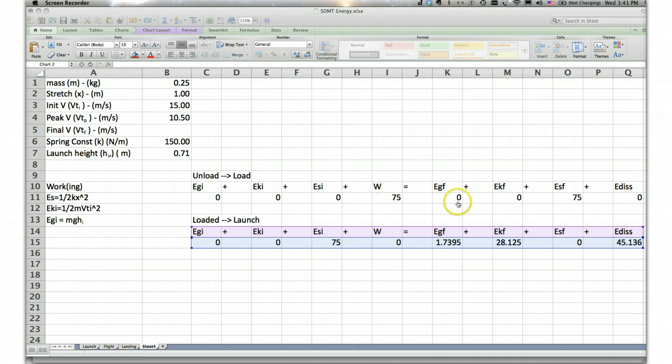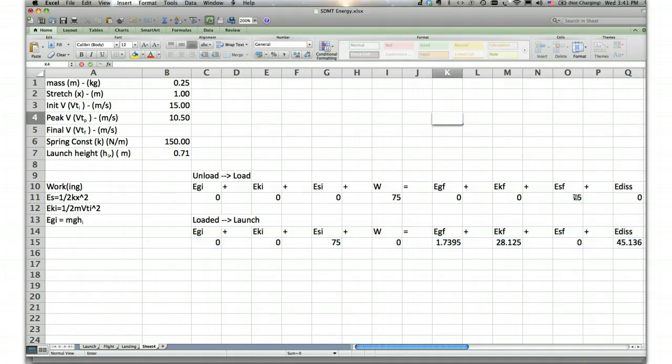So how did I know that? Well, over here in the spring, because that's where the energy gets stored, in the springiness of your launcher, I put in an equation. The way you calculate energy stored in a spring is 1/2 k, which is the spring constant, which you notice is this 150 right there, times x squared, so it's 1/2 kx squared, and x is the stretch.